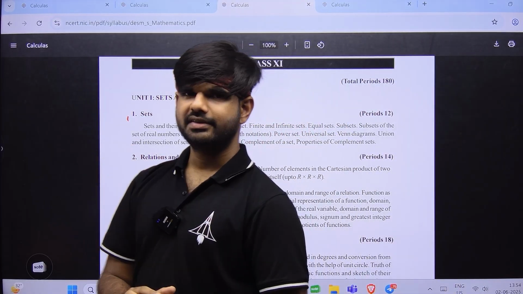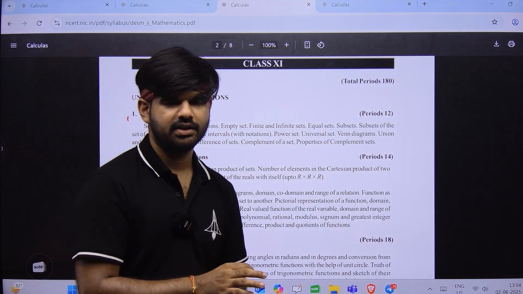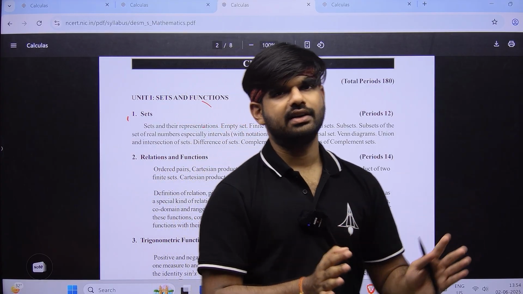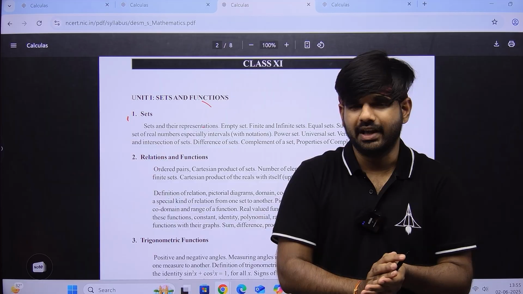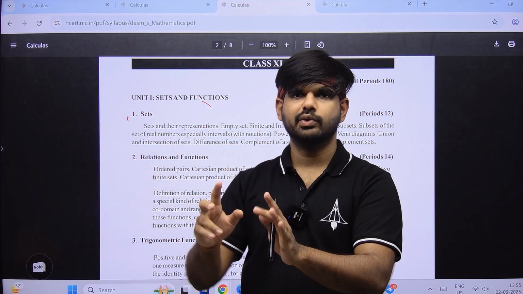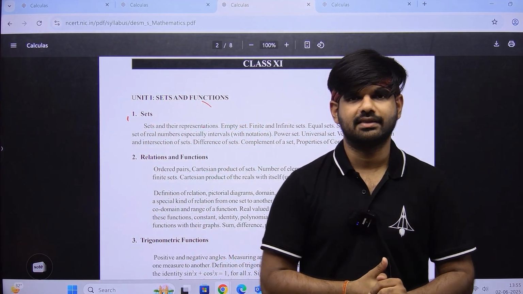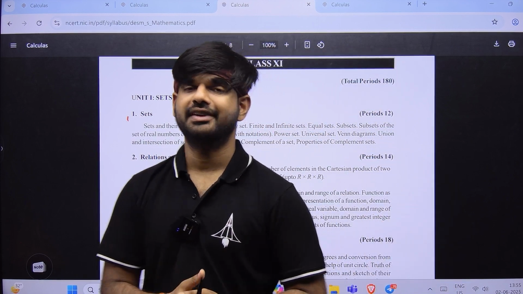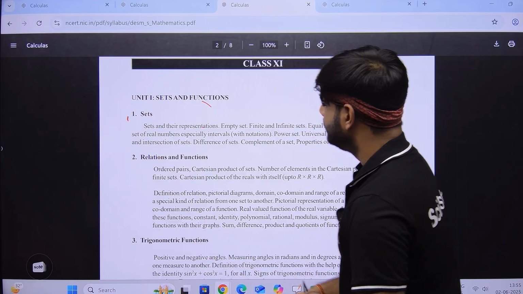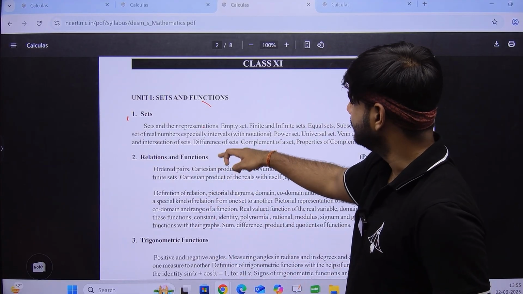Sometimes standalone questions from trigonometry have been asked. So trigonometry all in all is important, but there are less chances that an isolated question will be asked. It will be asked in combination with other concepts from, let's say, set theory or quadratic equations, or sometimes vectors, right? But nevertheless, let's go through the syllabus.